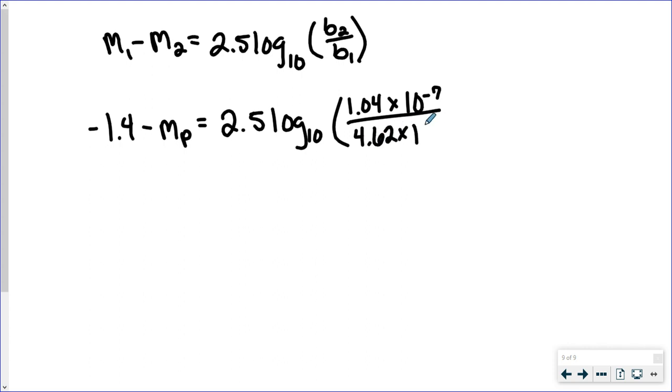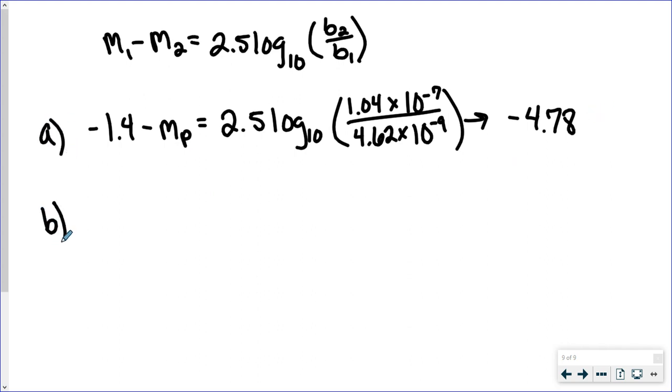Again, I would plug this in via solver, or at the worst, graph it and find the intersection, and you get negative 4.78. And again, magnitude has no units, so you don't need to worry about units. That was A.